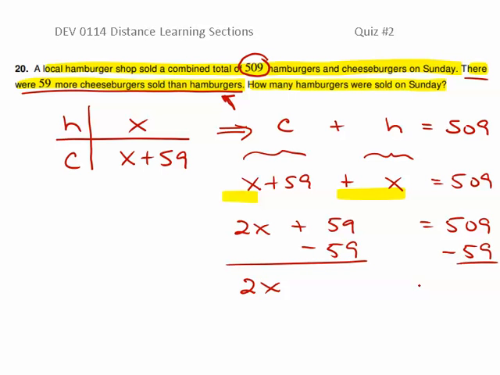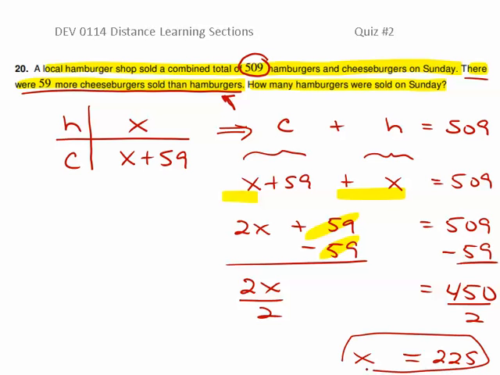So we have 2X is equal to, I believe that's 450. On the left-hand side, the 59 is canceled. So next we can get the X by itself by getting rid of the multiplication by 2. We do that by dividing by 2. And that leaves us with X is equal to 225.